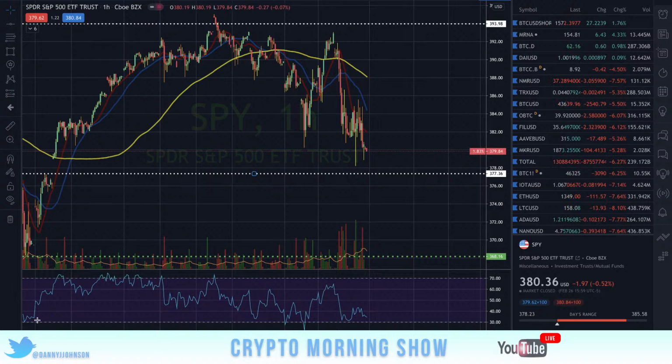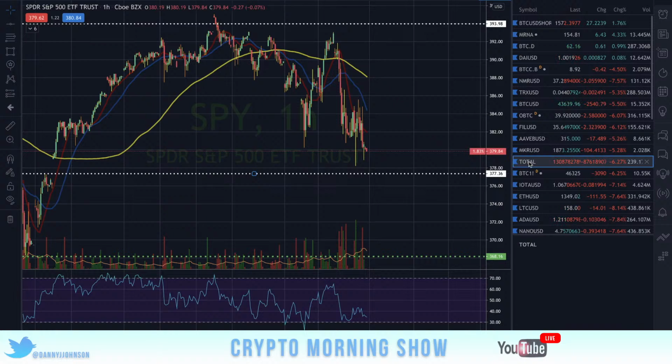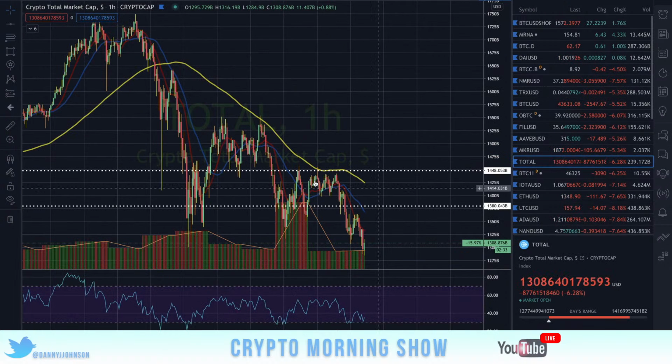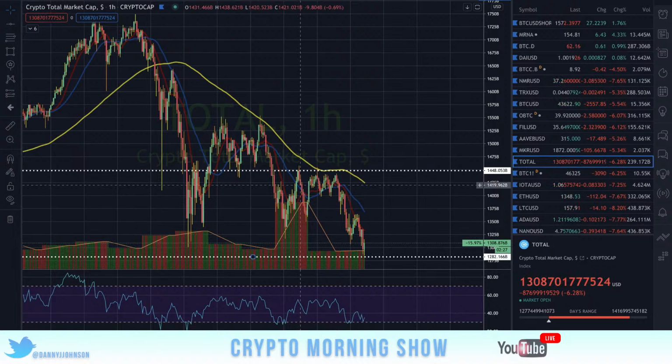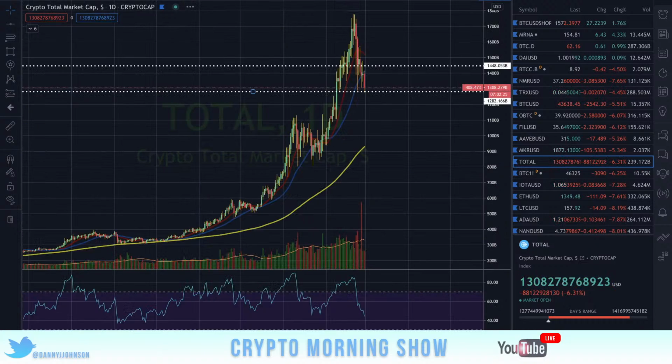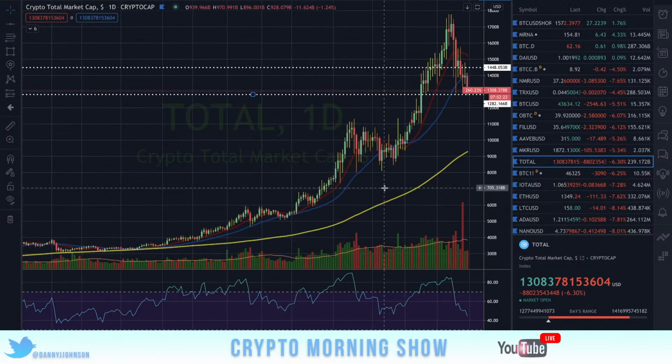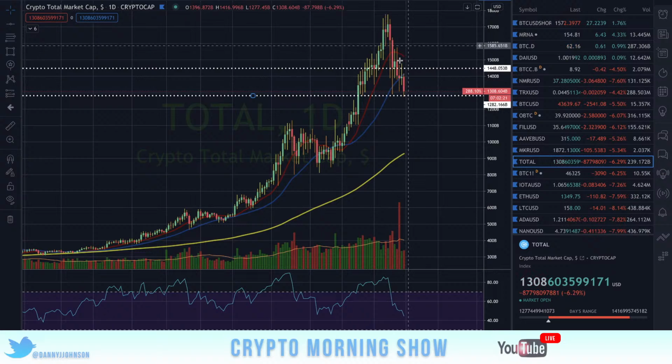And so let's look at the total market cap. It has leaked out a little bit more, as you can see. We're down to, as far as market cap, February 23 levels and even all the way back to February 8th.